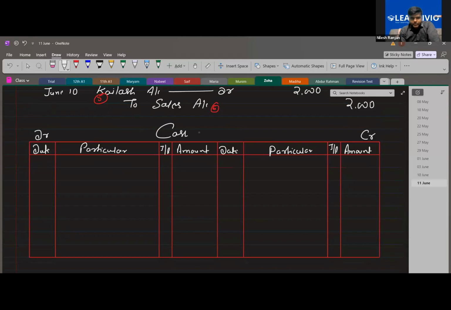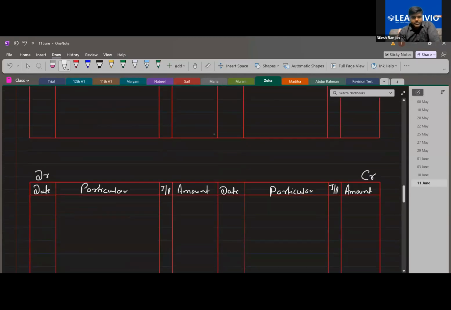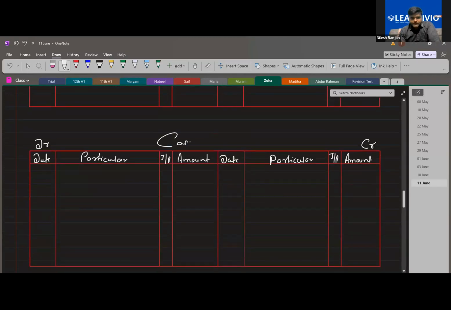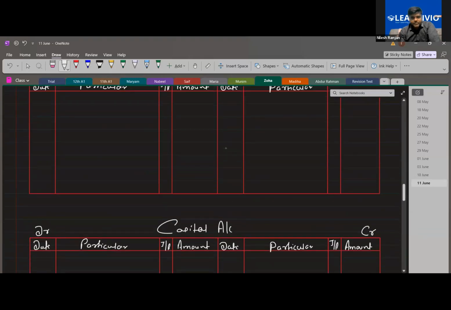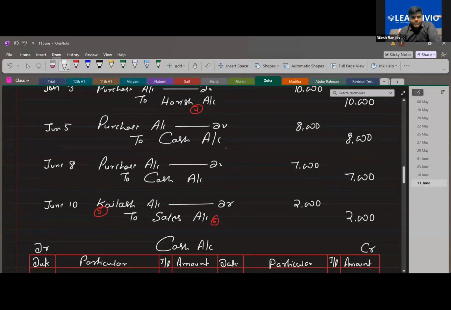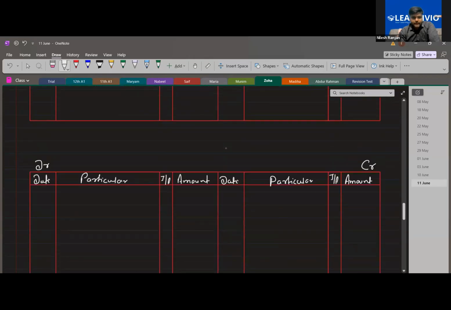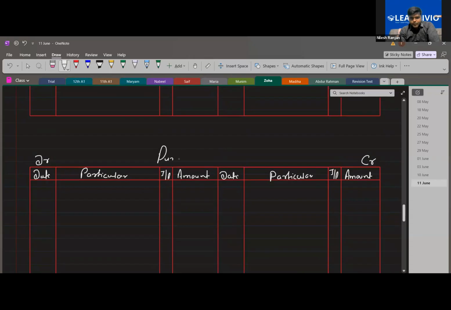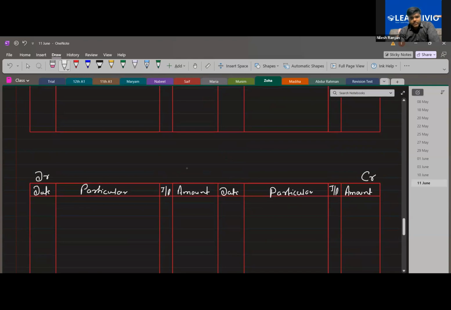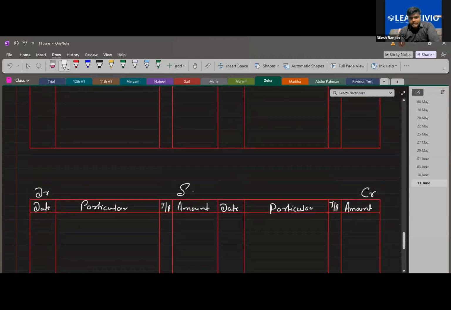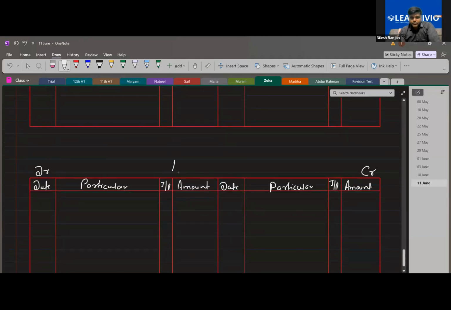So this is the cash account. The second is the capital account. Then the third is purchase. Purchase, Harish, Kailash, sale. Purchase account. Then Harish account. Then sales account. And the last one is Kailash.